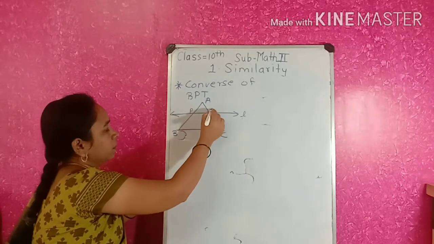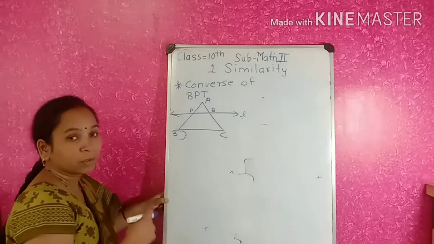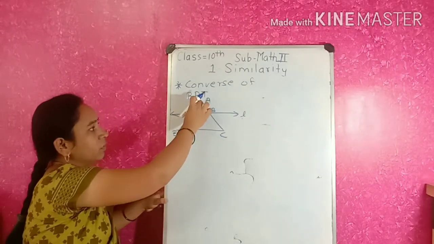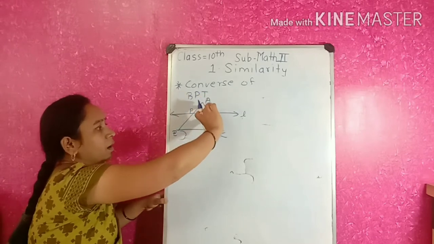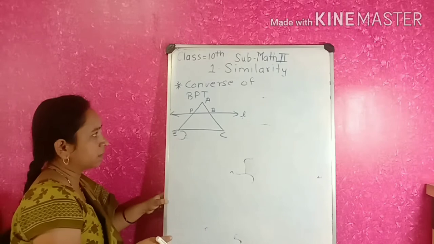What does the BPT theorem say? If a line is parallel to this side, then we get the ratio AP upon PB equal to AQ upon QC. In the converse of the BPT theorem, reverse the statement.